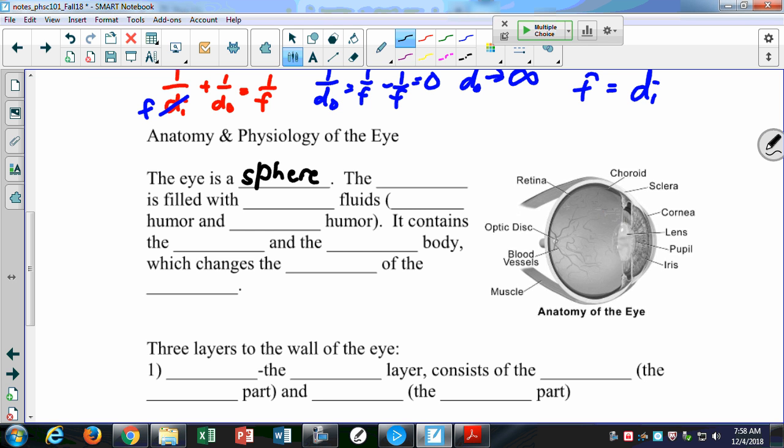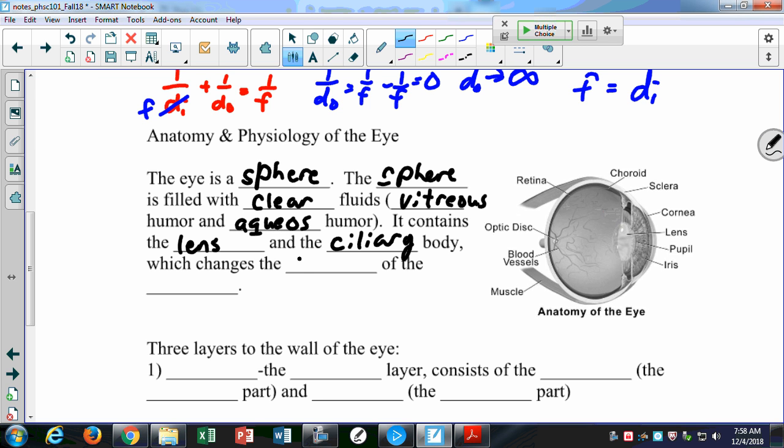The sphere is filled with a clear fluid. These are called the vitreous and aqueous humor. Remember we talked about that? It contains the lens and the ciliary body, which changes the shape of the lens.